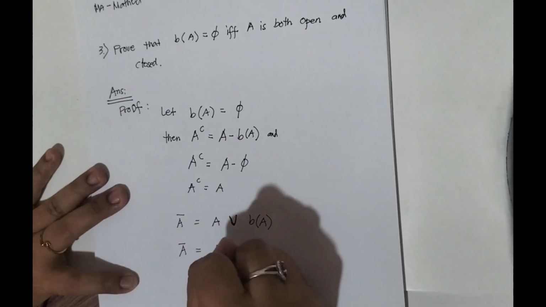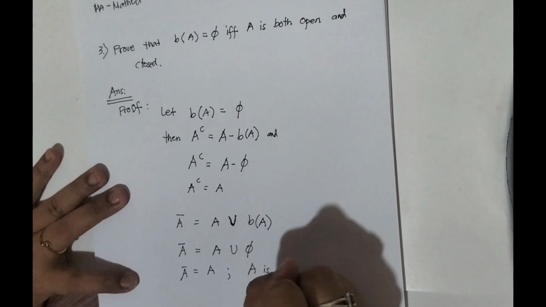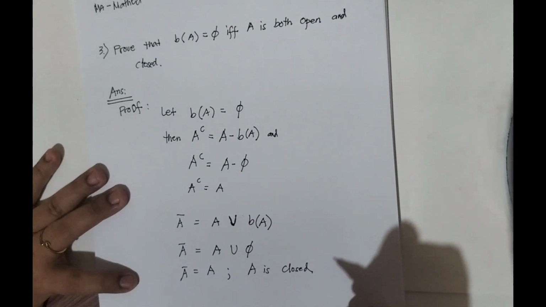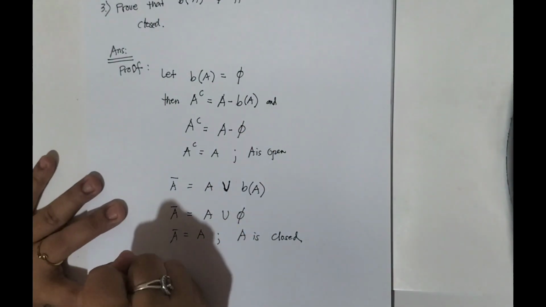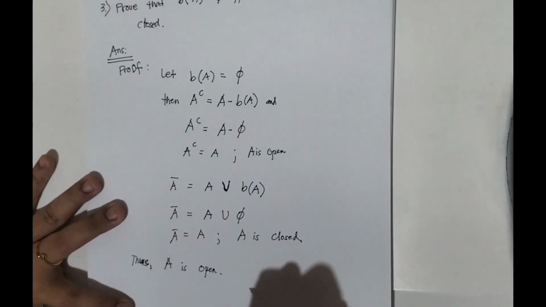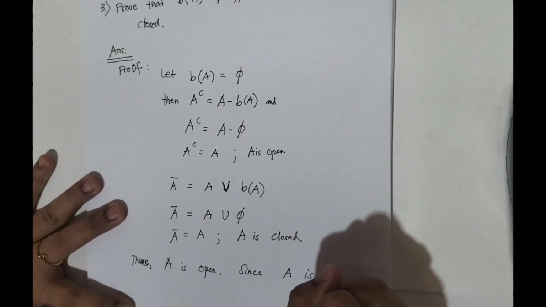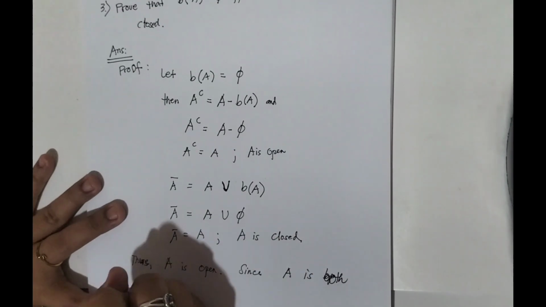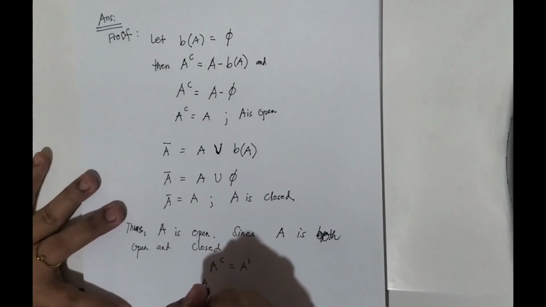Another proof: A prime is equal to A union B(A), and A prime is equal to A union the null set. Therefore, A prime is equal to A, which means A is closed. Thus, A is both open and closed.